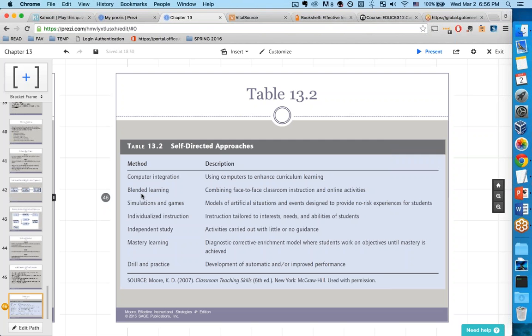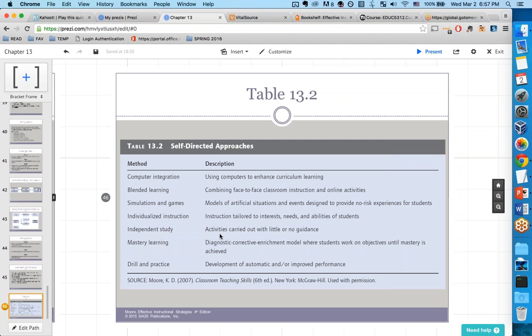Sometimes this is called hybrid learning as well. Simulations and games are models of artificial situations and events designed to provide no-risk experiences for students. In individualized instruction, the instruction is tailored to the interests, needs, and abilities of students. Ideally, this is what we need to do, but it is the most difficult approach that we can use.